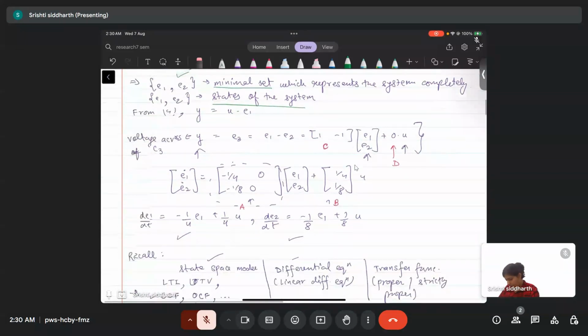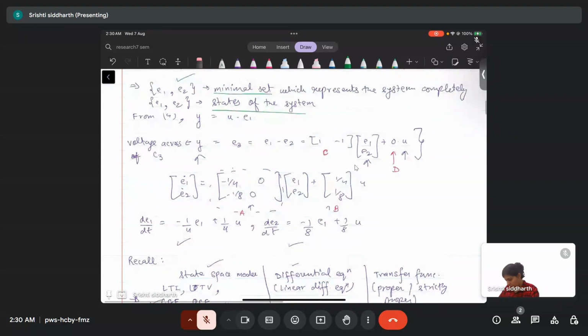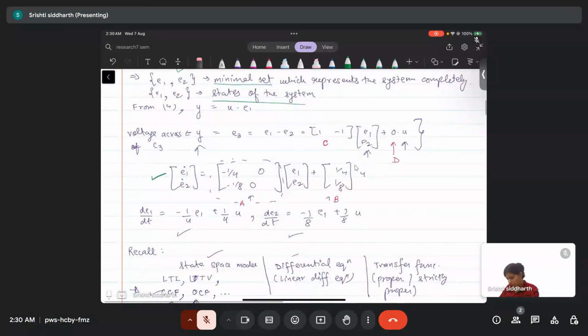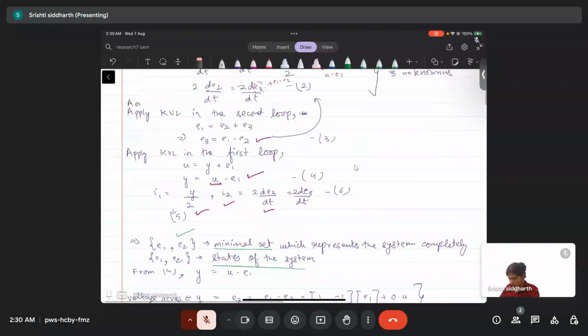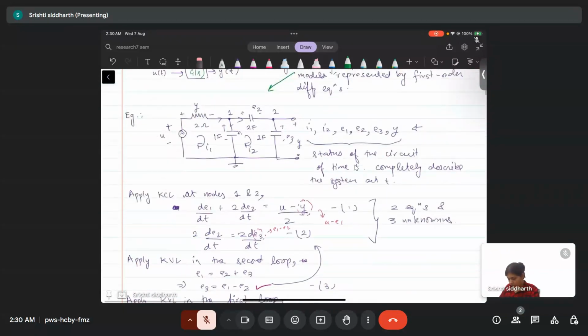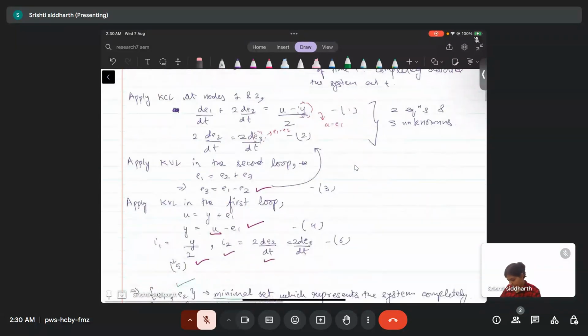Then we find out what the evolution of these states is going to be. At each time, if we know E1 and E2, we can reconstruct what these other quantities are going to be by some simple algebraic conditions. So we have Y here, I1 and I2 here, and we also have E3 here.